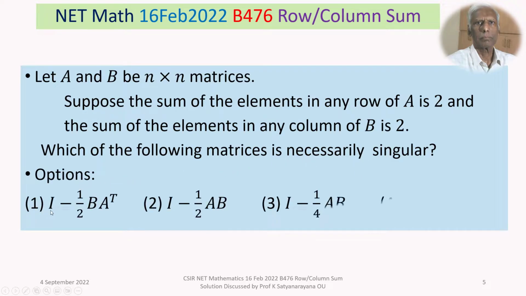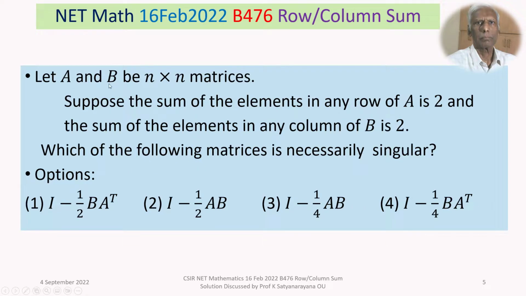Option 1, I minus 1 by 2 times BA transpose. Option 2, I minus 1 by 2 times AB. Option 3, I minus 1 by 4 times AB. Option 4, I minus 1 by 4 times BA transpose.